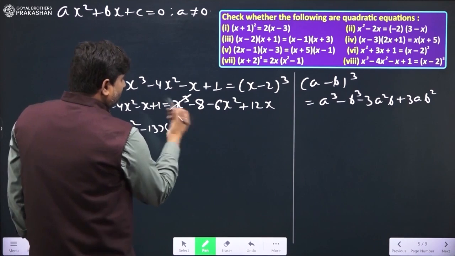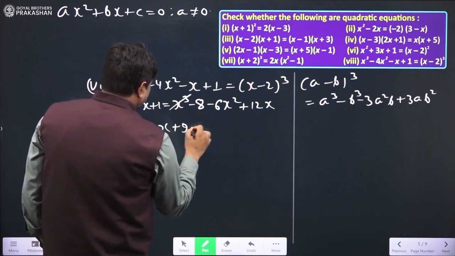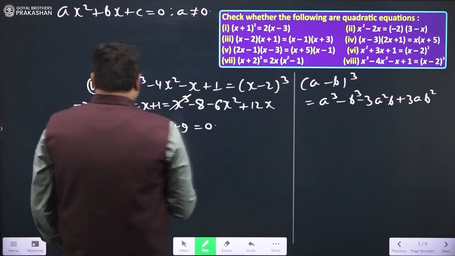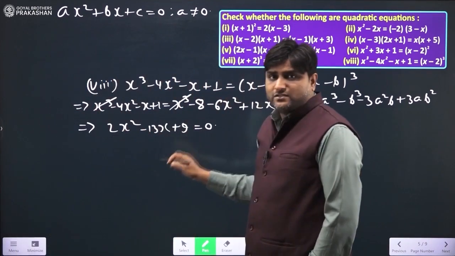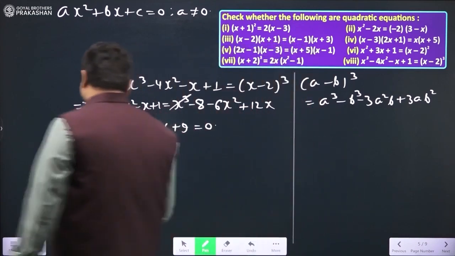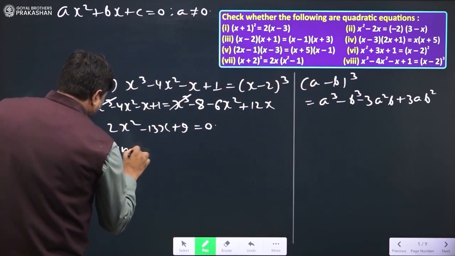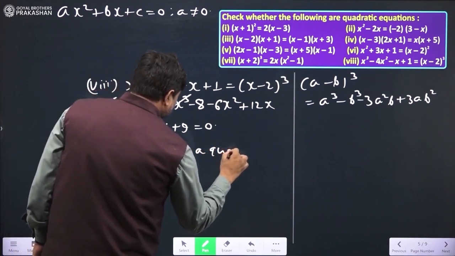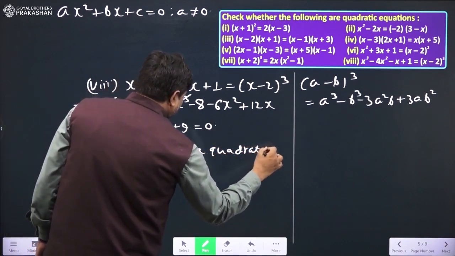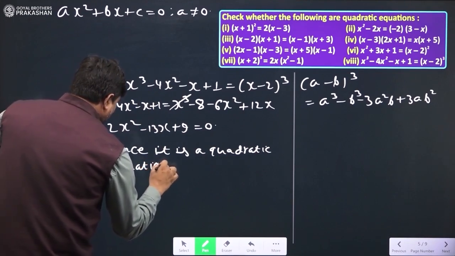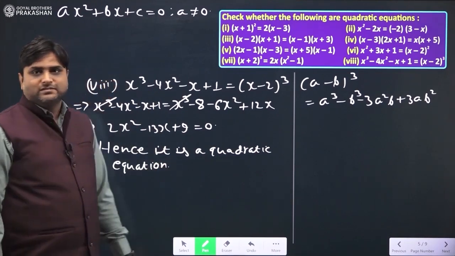Now 1 plus 8 is 9 and this is equal to 0. So we can see that this is in the form of ax square plus bx plus c equal to 0. There is a term of x square, hence it is a quadratic equation. So this is all about this question.